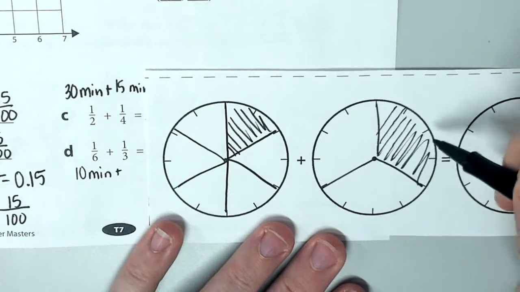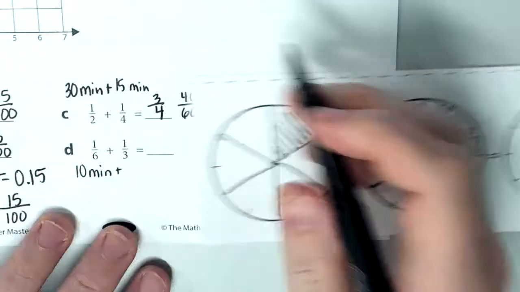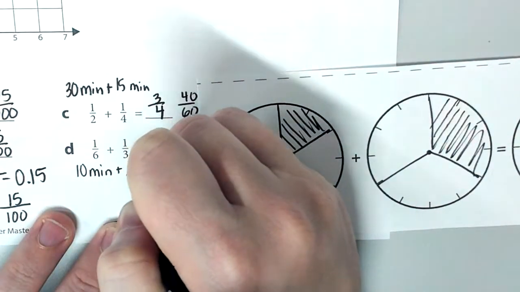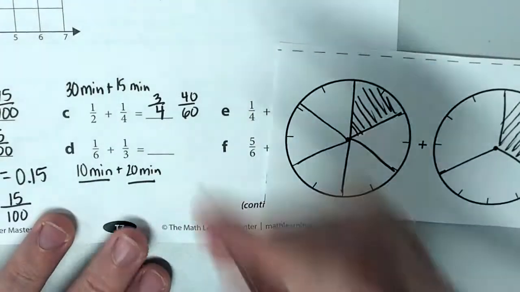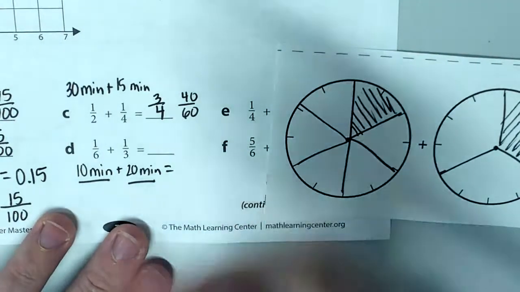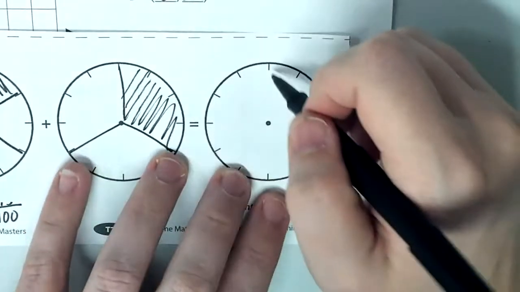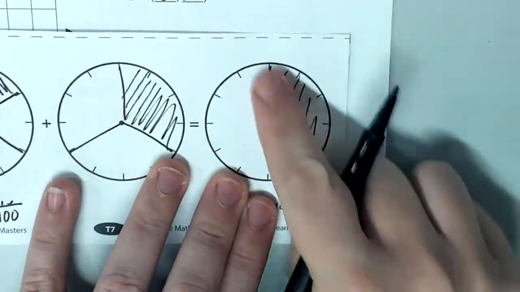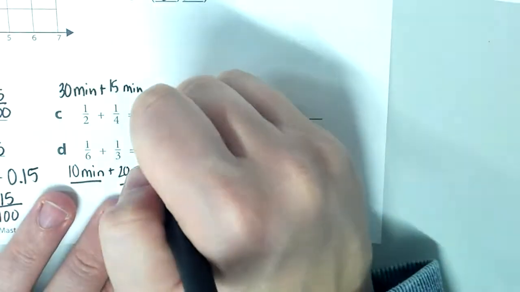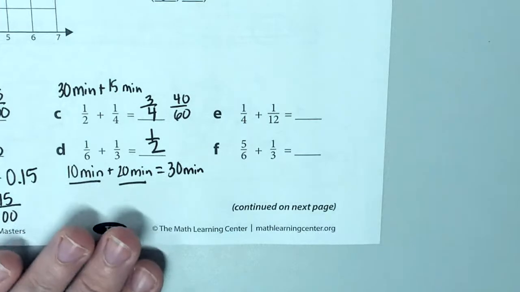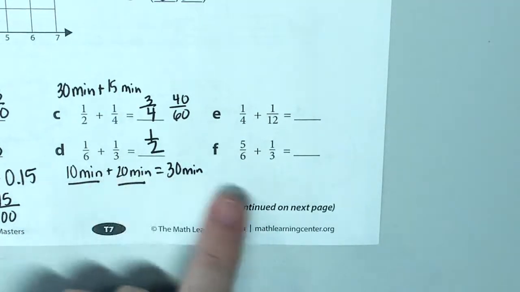How many minutes is that? Well, this was 10. This is 20 minutes. If I add 10 minutes plus 20 minutes, what do I get? I get 30 minutes, but I can't write that as my answer. Instead, I'm going to show it on my clock here, 30 minutes. What fraction could I write? Yeah, 1/2. So although you don't need to draw the clocks, please write down this part.